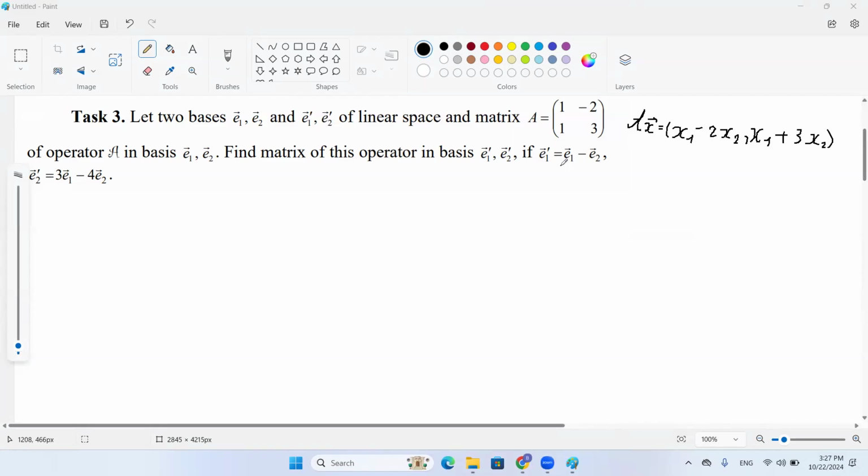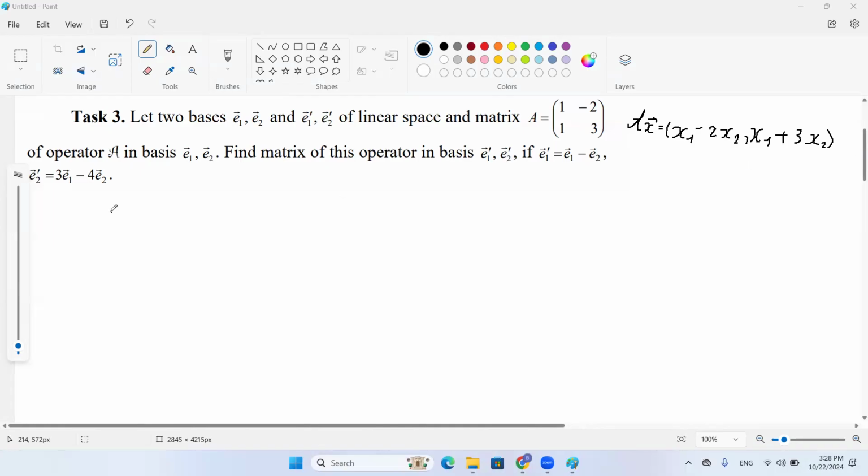You don't remember what we were doing in the previous lesson, when we moved to other bases? Well, we just take the original basis vector and apply this E1 prime vector. So maybe any specific matrices were used for that. I don't remember. Okay, Bogdan, you want to help us, as I see.